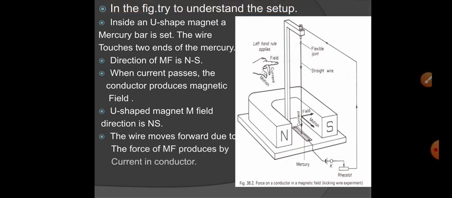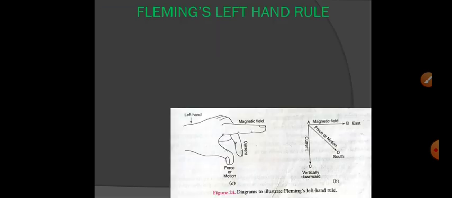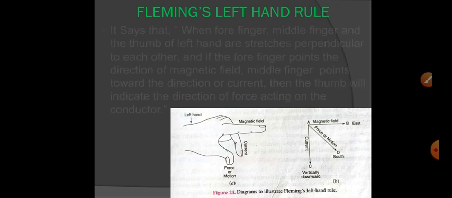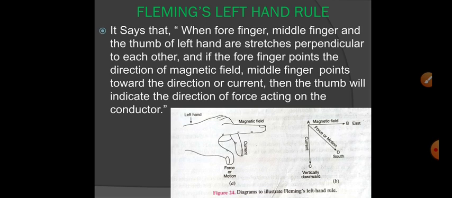We can find the direction of the force acting on the current carrying conductor with the help of Fleming's left hand rule, which says that when the forefinger, middle finger and thumb of the left hand are stretched in such a way that they are perpendicular to each other, and if your forefinger points in the direction of magnetic field, middle finger points toward the direction of current, then the thumb will indicate the direction of force acting on the conductor.